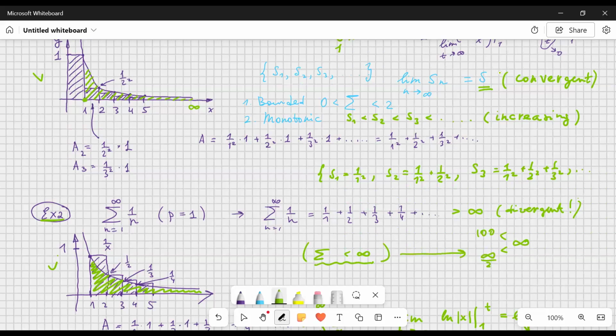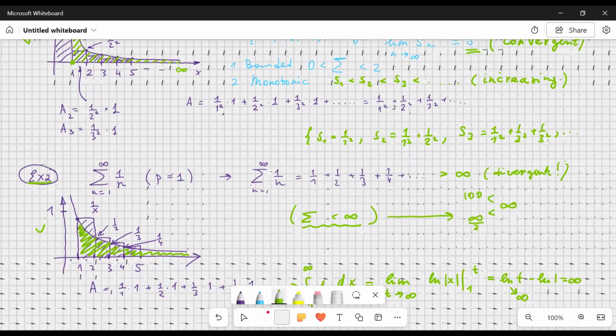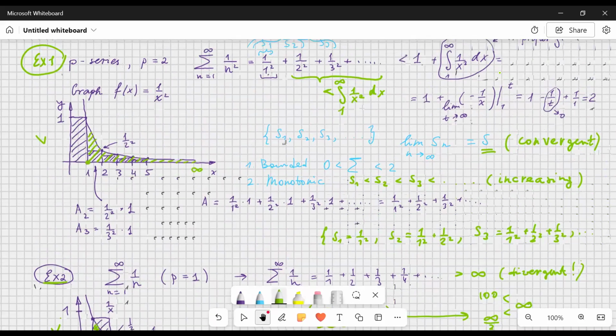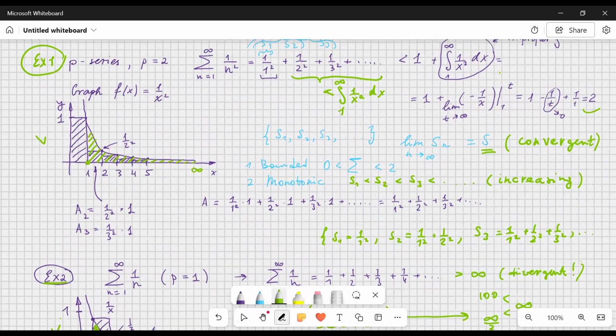That's why I was building my rectangles forward, because my integral here was divergent. And because I knew that the integral is going to be divergent, I built my rectangles above that integral, and I see that the sum is divergent too. And here in example number one, I saw that my integral is convergent and I was building rectangles in the opposite direction.